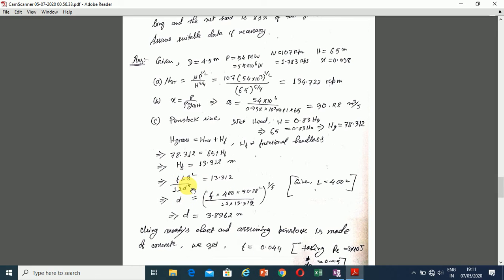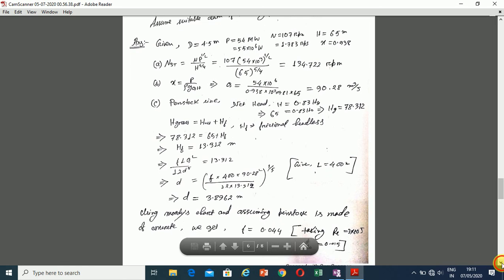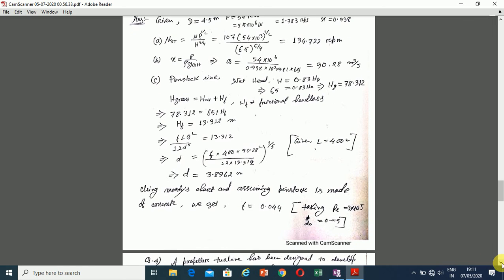So from here, putting the value of L and Q, and also from Moody's chart, we can find the value of f if the Reynolds number is 3 into 10 to the power 5.